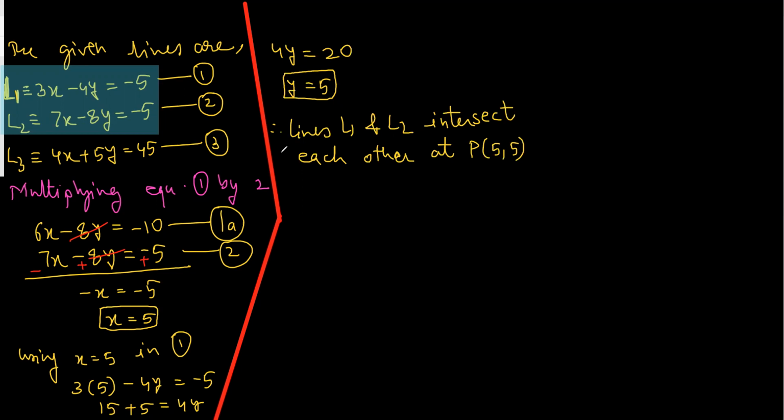So (5, 5) is the point of intersection of lines L1 and L2. If this is L1 and this is L2, remember, L1 and L2 intersect each other at point (5, 5). Okay, I got the point of intersection of L1 and L2.